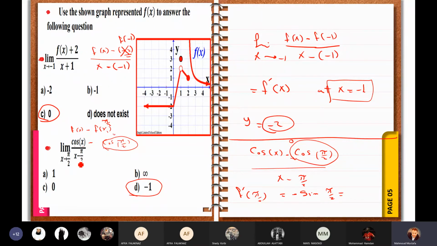But to take the same form, f of x minus f of x1 over x minus x1, this one is the first derivative of f of x, of cosine x. Derivative of cosine is negative sine. And x is pi over 2. This one is equal to -1. Okay? Done? Okay, teacher, thank you. Welcome.